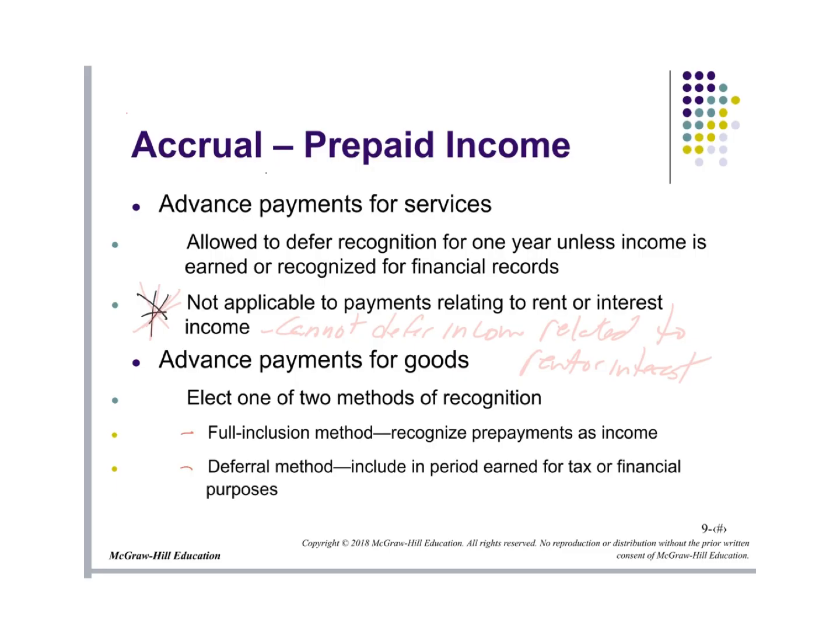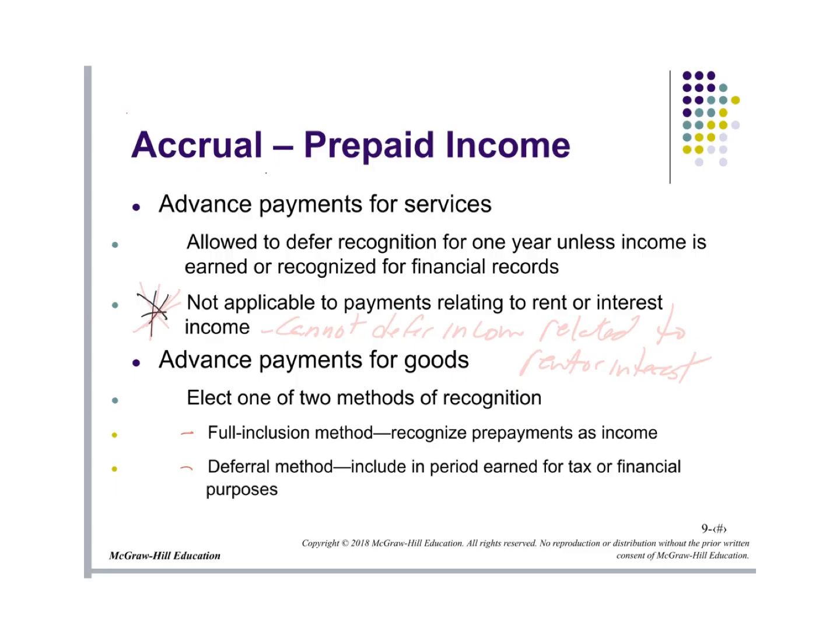And then you receive the goods the next tax year. All right. That company would recognize those prepayments as income. Okay. And if they use the full inclusion method. If they use the deferral method, then they're going to include them in the period earned for tax or financial purposes, whichever. So essentially you have to match those up.